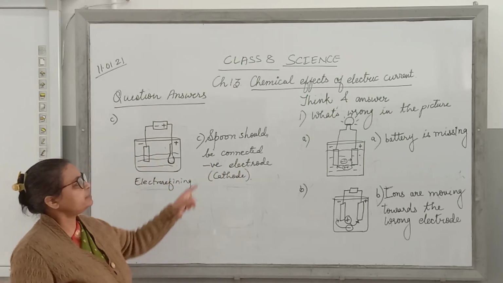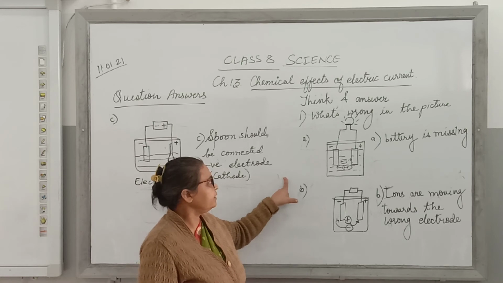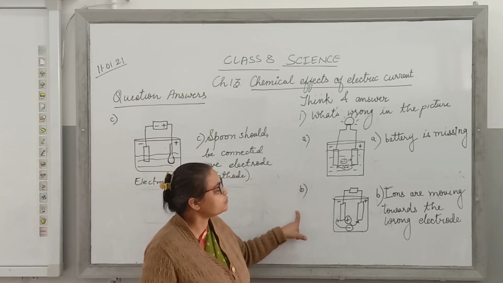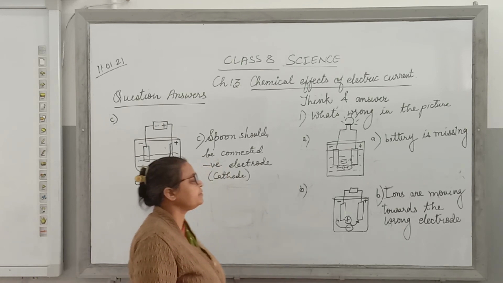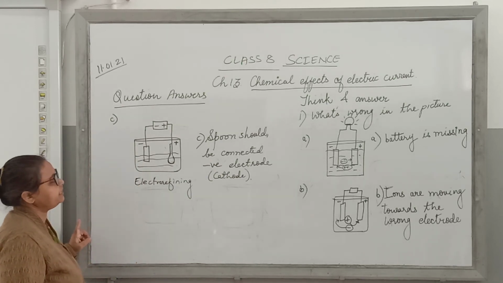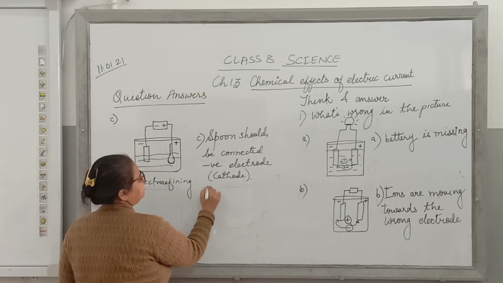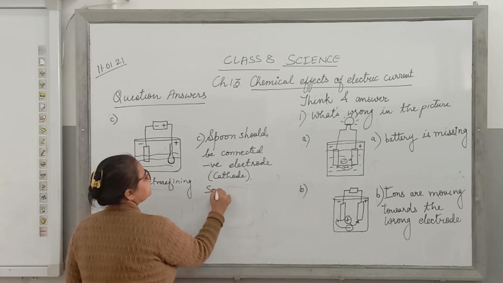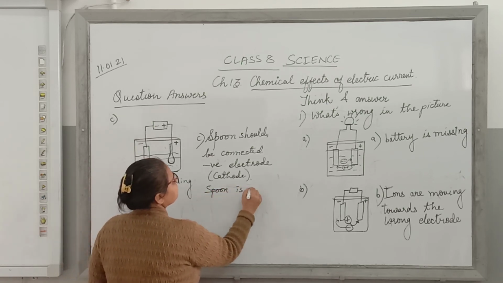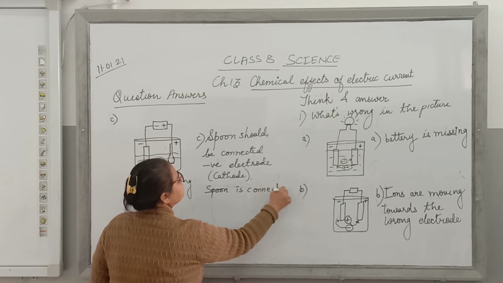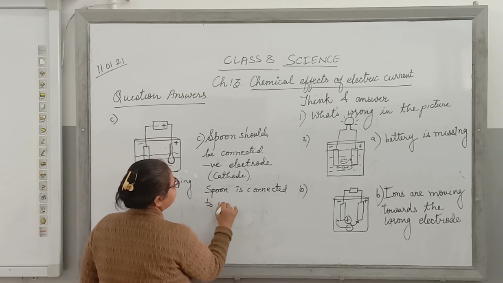So question 1, there was no battery in part 1. In part 2, ions are moving to the wrong electrodes, and in part 3, the spoon is connected to the wrong electrode. So we can write here in addition, spoon is connected to the wrong end of the battery.